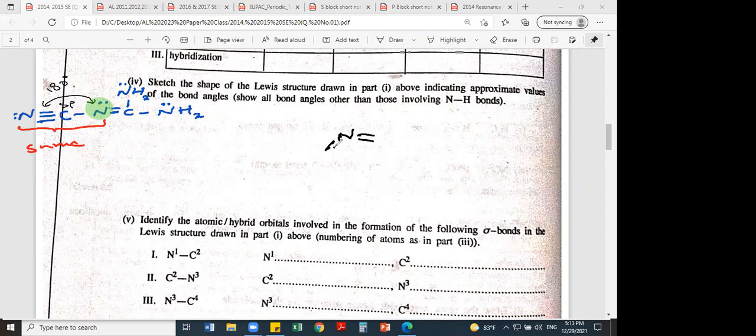We have to keep this angle at 120 because the electron pair geometry is approximately trigonal planar. After that, the rest on this side is linear because of the sp hybridized carbon atom. There's a lone pair on this nitrogen, that's why it's bent or angular.